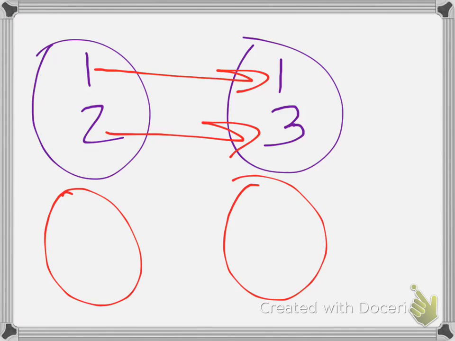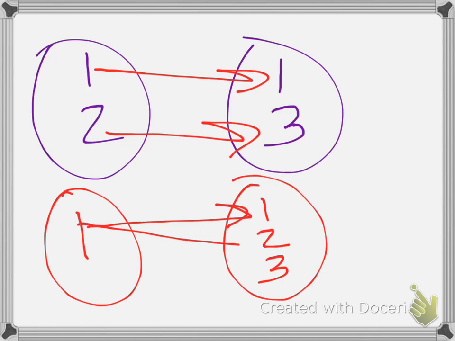Or when something's not a function, it's because something in the domain has multiple partners in the range. And remember I said, if that happens, it cannot function. Just like a regular relationship, if somebody has 2 or 3 boyfriends or 2 or 3 girlfriends, it's not going to function. It's not going to work out.